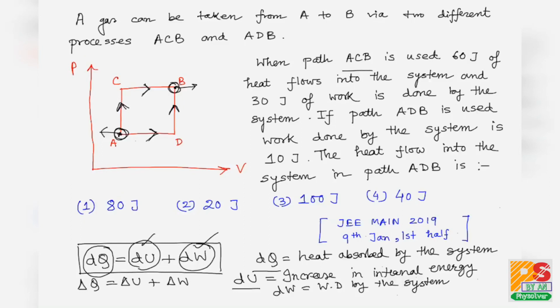Now in path ACB, look at the question. In path ACB, see the question carefully. 60 joule of heat flows into the system. Therefore I can say, if I write dq equals du plus dw, 60 joule of heat is flowing into the system, as I mentioned earlier.